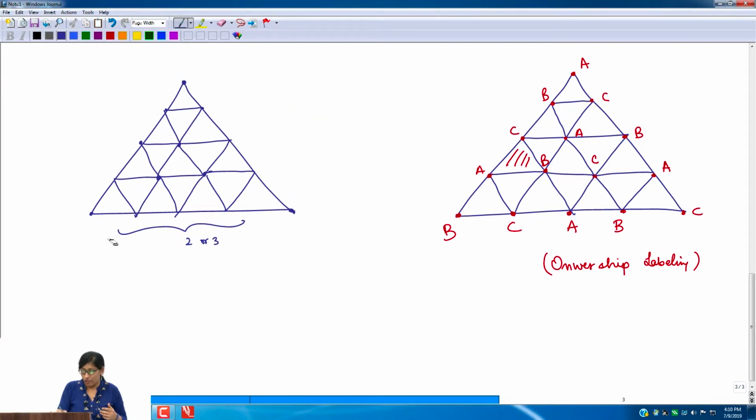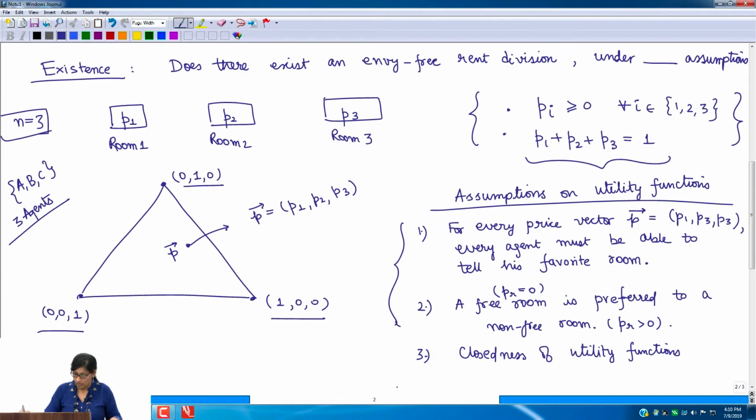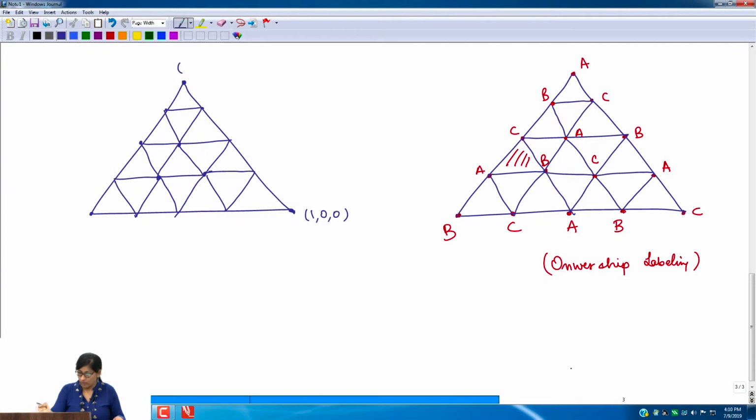Till now it seems all good, but let's see. Okay, remember this was the vertex 1, 0, 0. So this represents the price vector. Can someone tell me what would happen? Let's say I go to this particular vertex and I see who's the owner of this particular vertex.